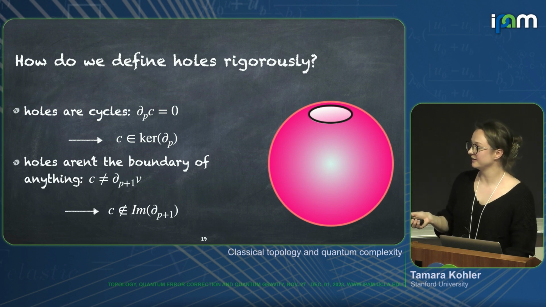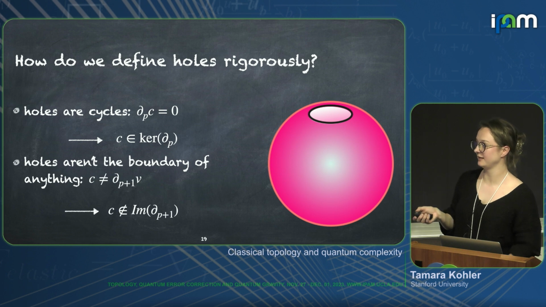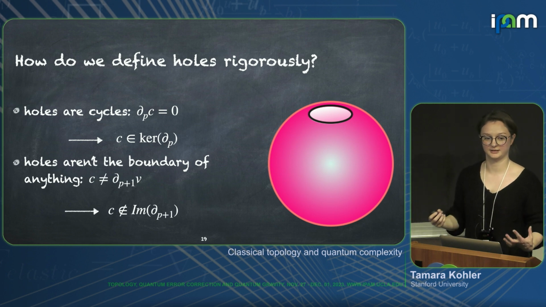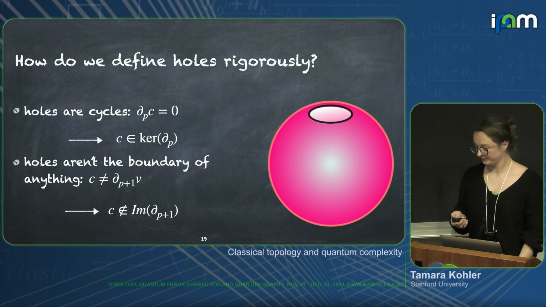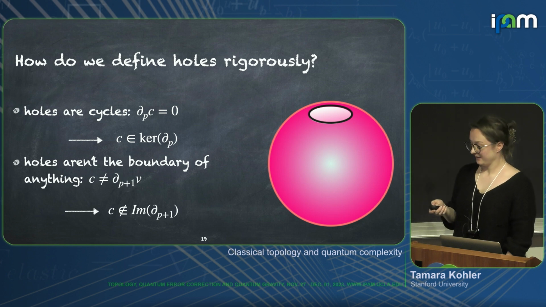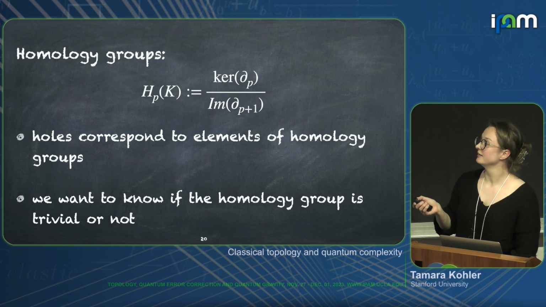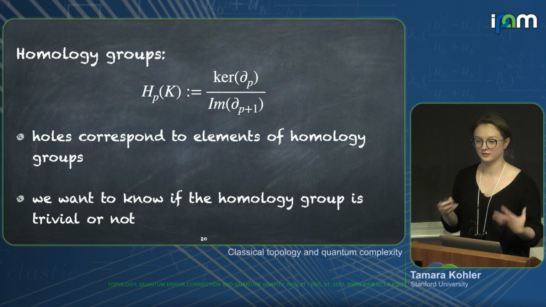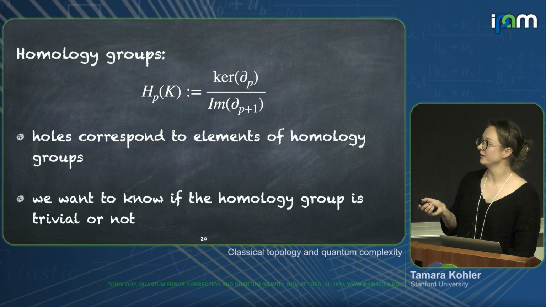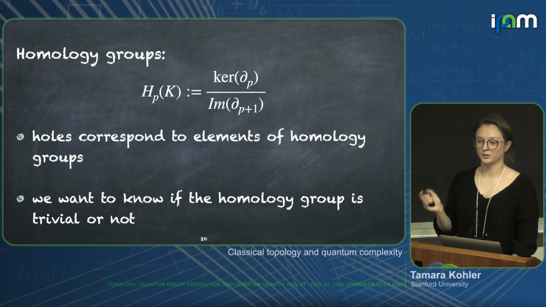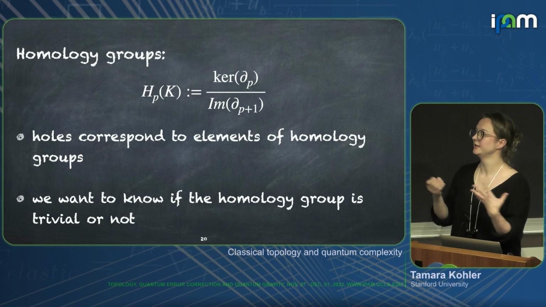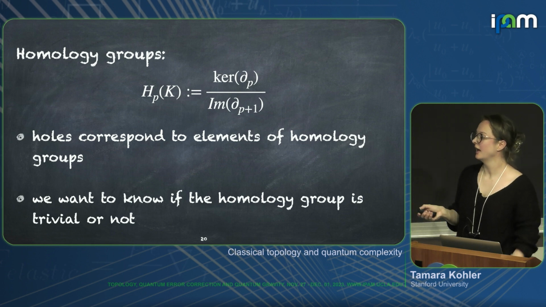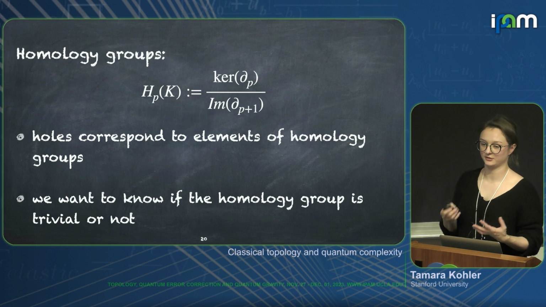So there doesn't exist any V such that C is equal to the boundary operator applied to V. So that means that C is not in the image of the boundary operator. So we put these two things together, and we find that the holes in a complex are given by the kernel of the boundary operator, quotiented out by the image of the boundary operator. This is the definition of a homology group, and holes correspond to elements of homology groups.